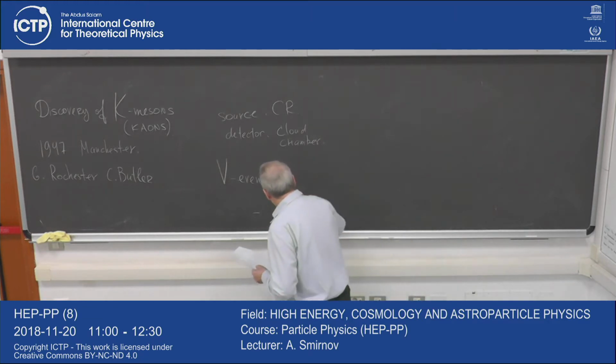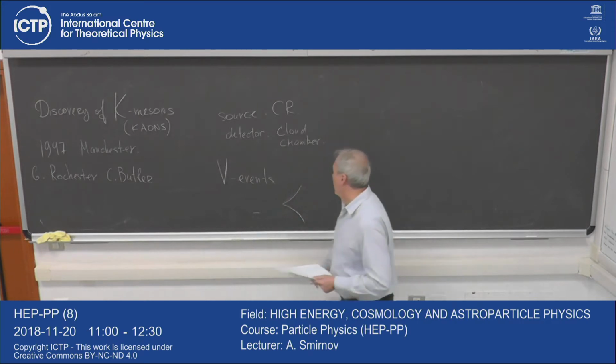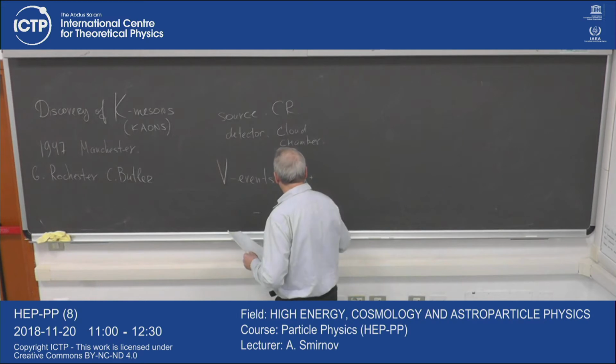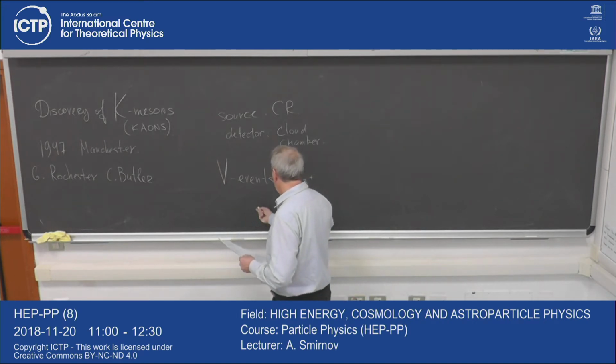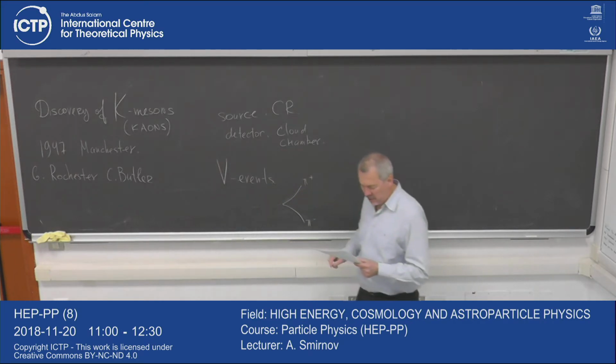Well, actually, there were curvatures here, so it's of this type, most probably. And they were identified as the pair of pi plus and pi minus. So some particle, which is not visible, decays into pi plus and pi minus.